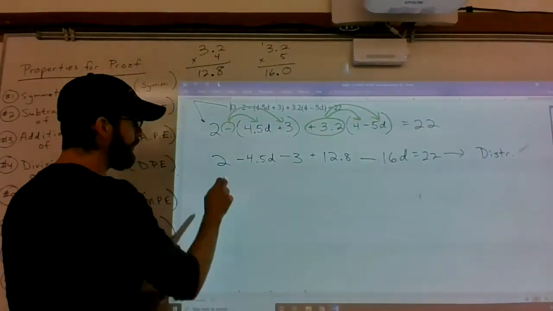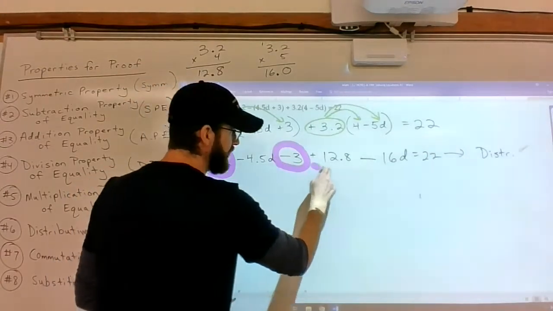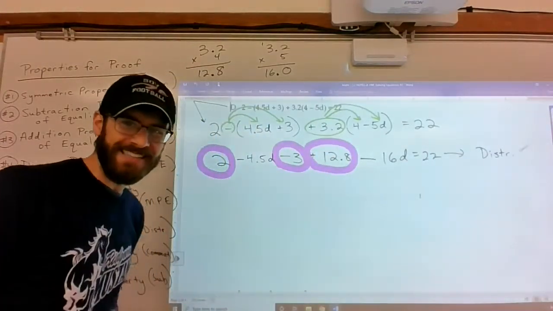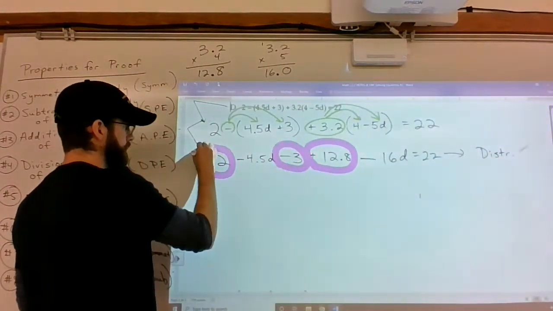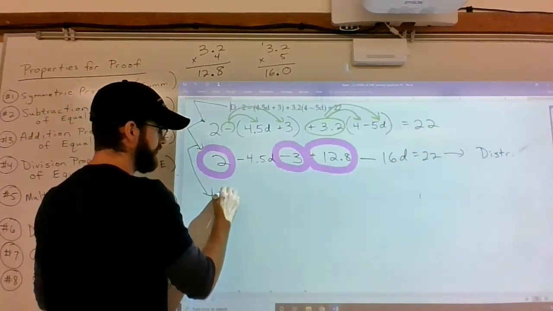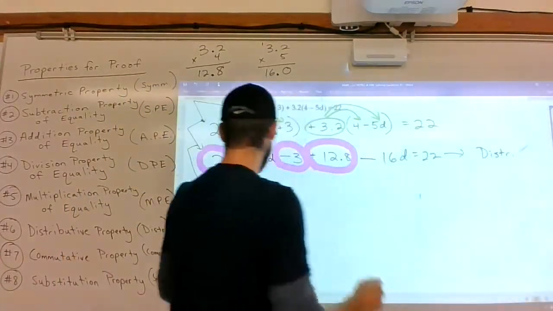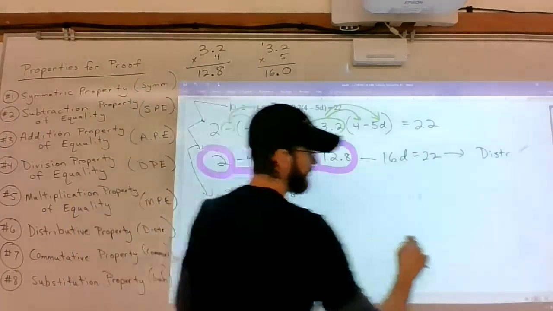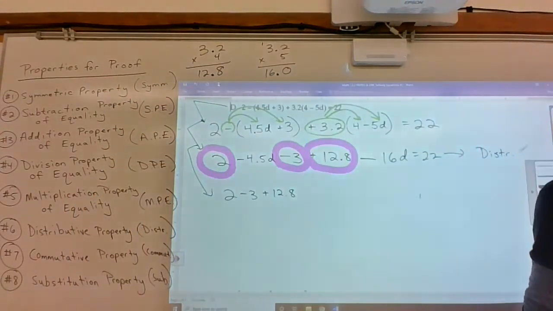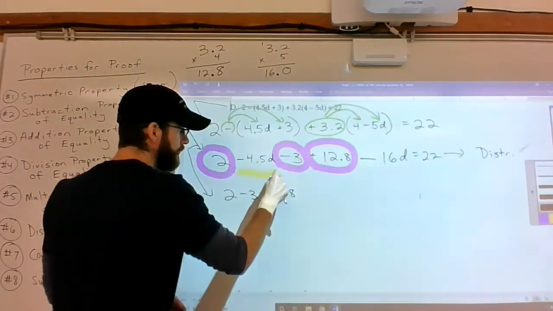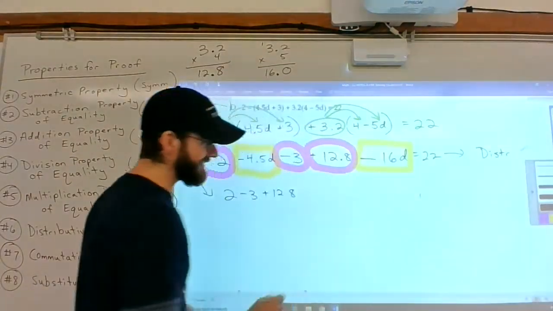So now what we can do is collect our like terms. So let's get this 2, this -3, and this plus 12.8 side by side. So 2 minus 3 plus 12.8, okay? We want to get the d's side by side too. So -4.5d minus 16d.